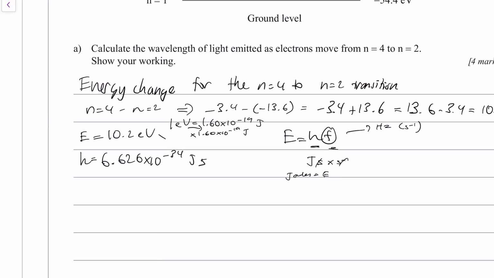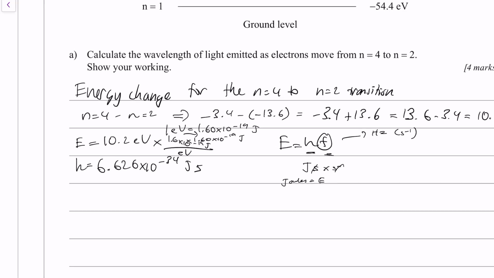So it's essentially what I'm doing here: 1.6 times 10 to the negative 19 joules per 1 eV. Those eVs will cancel out, and we'll get a value for that. I'm not going to put that in my calculator though. I'm just going to keep that value.